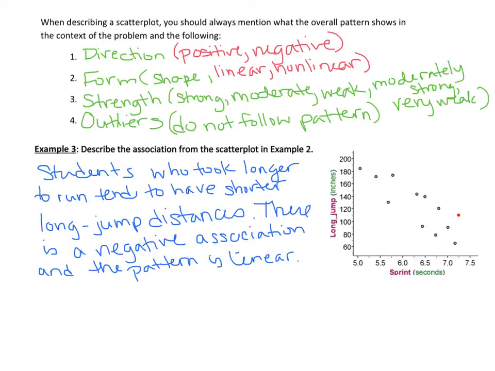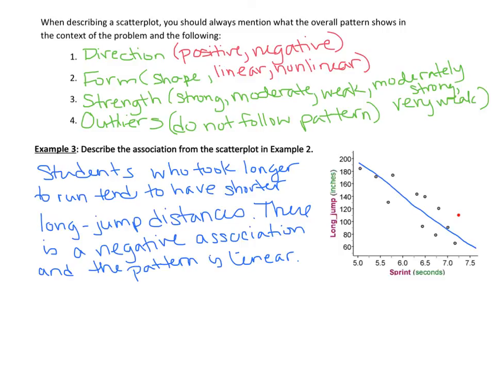Now, I'm saying it's linear, it's definitely not a perfect line. However, you can see that if you were to draw a line through it, there'd be points on both sides of the line, so it sort of follows a linear pattern. And if you remember from back in algebra when you first learned about slopes, this is a negative slope, so we also say that there's a negative association.